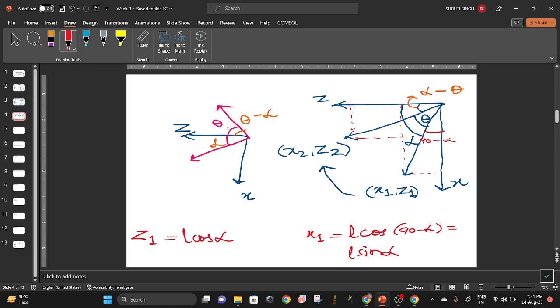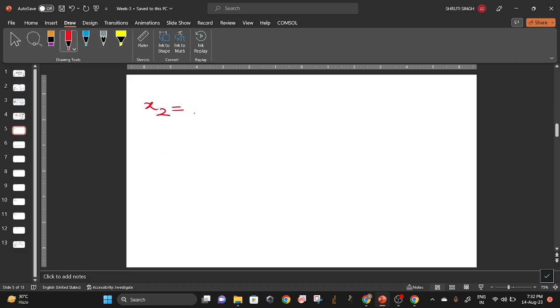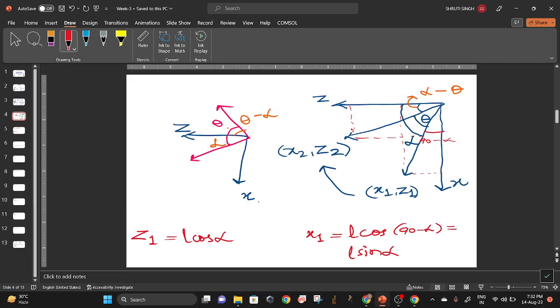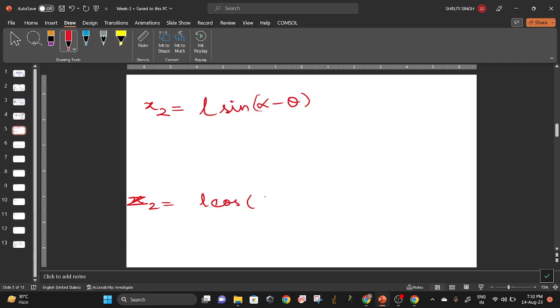The angle is alpha minus theta, yes. So x2 will be L sin of alpha minus theta, and z2 will be L cos of alpha minus theta, right?